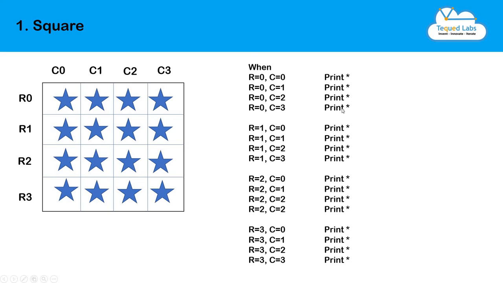As you can see here, we have completely described the location of the first particular row. Now moving on to the second row, R1, C0, C1, C2, C3. Now moving on to the next row, R2, C0, C1, C2, C3. R3, C0, C1, C2 and C3. So we have described the location of all the stars here.